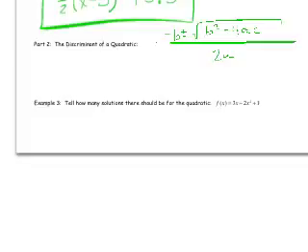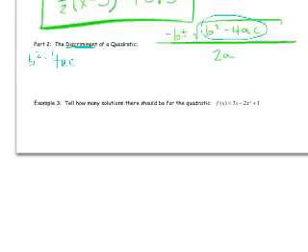That's the quadratic formula. The discriminant is the part of the quadratic formula inside of the radical. So the discriminant is b squared minus 4ac. Since I'm talking about a, b, and c, I'm back to the standard form, right? ax squared plus bx plus c. Those are those letters I'm using.